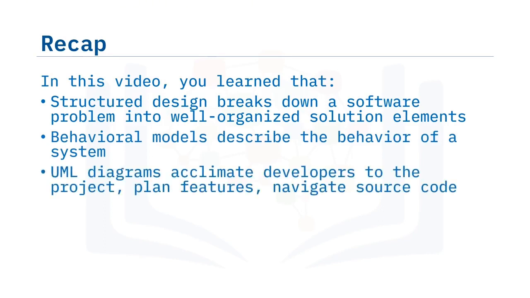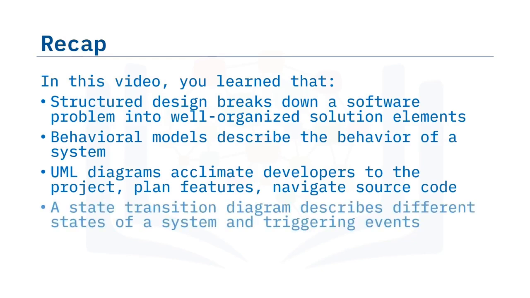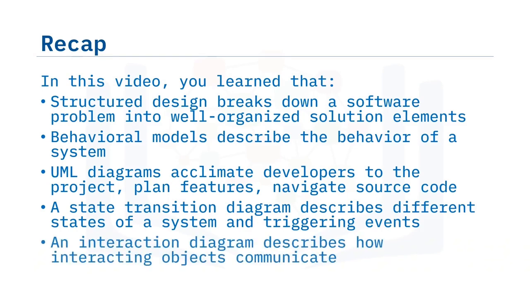Developing UML diagrams saves time and money by helping developers quickly get up to speed on a project, plan features in advance of coding, and navigate source code easily. A state transition diagram is a behavioral model containing a collection of states and events that describe the different states of a system and the events which cause a change of state. And finally, an interaction diagram describes how interacting objects communicate.